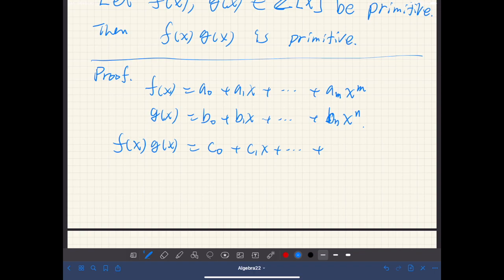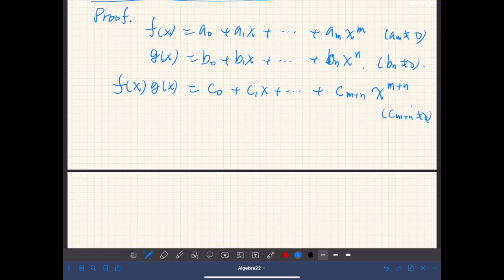The highest degree term is c_{m+n} times x to the power of m plus n. We are assuming am is not 0 and bn is not 0, and therefore c_{m+n} is not 0.